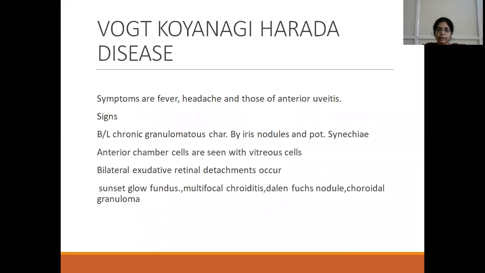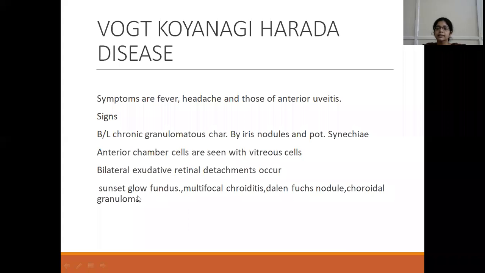So coming to the ocular features, it will have a granulomatous type of uveitis. Again, very similar to sarcoidosis, the uveitis anteriorly is granulomatous type. And posteriorly, there can be exudative retinal detachment. The term to remember in VKH for posterior segment is sunset glow fundus.